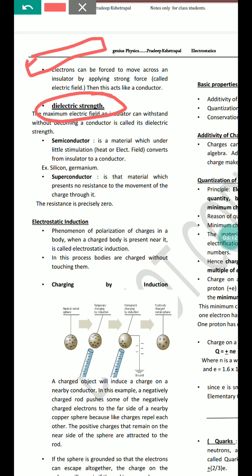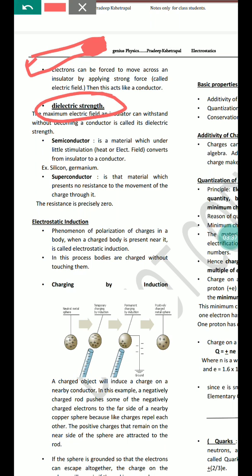If it is an insulator and we charge this end of the rod, then the charge stays only here. If it is a dielectric, then this charge will move to the whole body of the rod or any other material. This is the basic difference between the insulator and the dielectric.